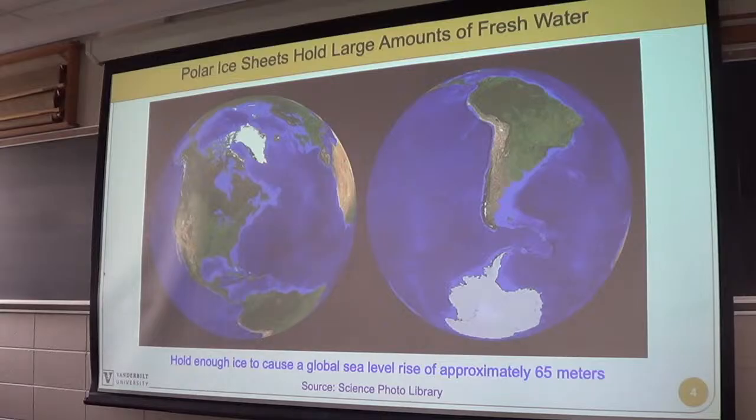But thankfully, most of that water doesn't go away anytime soon. Even a 1 or 2% loss is still a meter or more of sea level rise. And the question is, what does that do to the coastlines and other low-lying regions? That's always been the big societal-level question for ice sheet modelers.